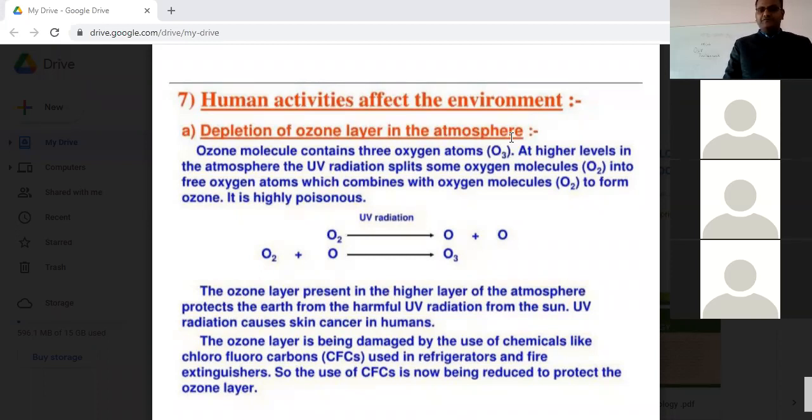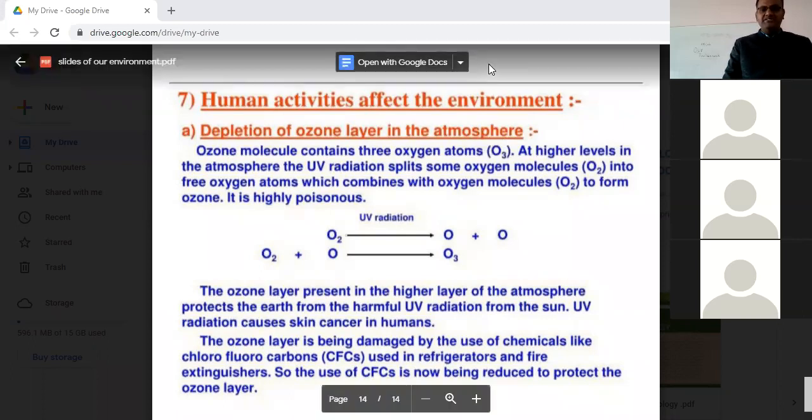Then the free oxygen atom combines with diatomic oxygen, O2, to form the triatomic O3, which is the ozone. So it is a molecule which contains three oxygen atoms, and it is highly poisonous.